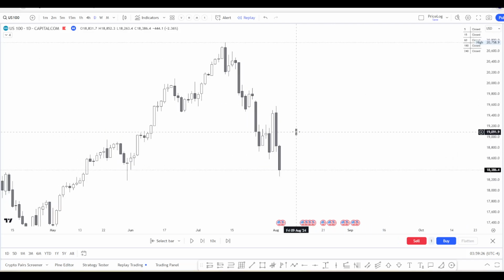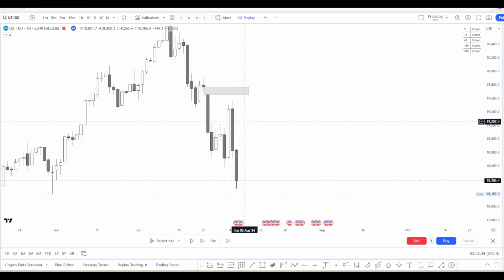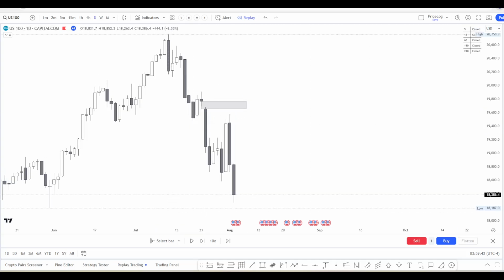In my opinion, and what I feel like I've seen a lot, volume imbalances, if we trade into them, it's gaps in price. They hold more value in continuing order flow than a normal fair value gap. So if price would have moved up into here, I would expect it to hold.